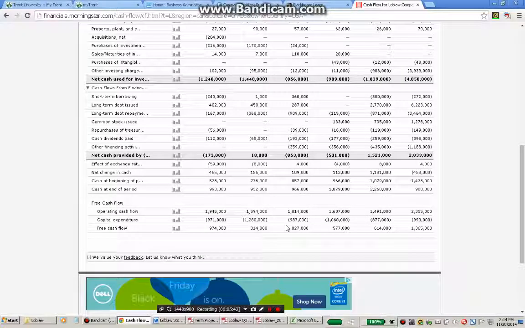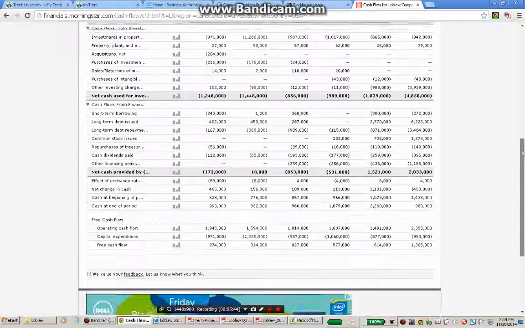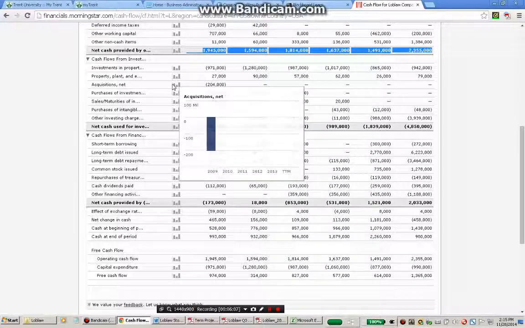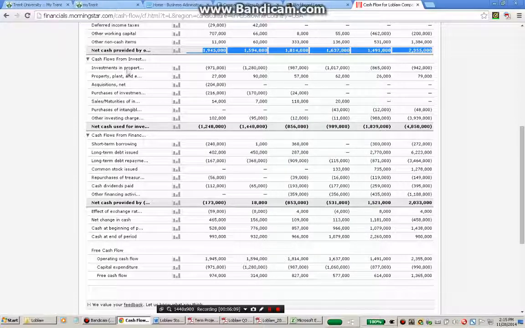And we need to find our capital expenditure. That will be in the investing section of the cash flow statement. Sometimes cash flows goes from operation to investment and then financing, but sometimes they're out of order. Doesn't really matter. You just want to find what they're investing in property, plant, and equipment.